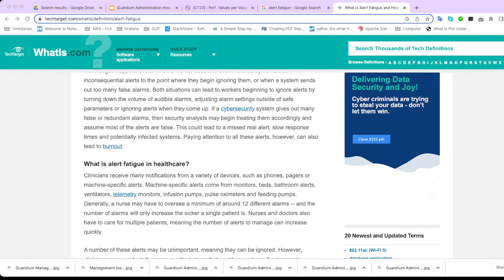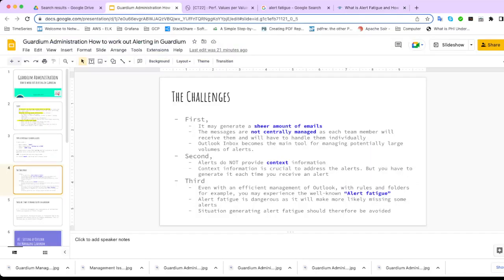So it's really a very serious problem, and it has to be taken into account. Therefore, situations generating alert fatigue should really be avoided, right? So don't set up an alert for everything. You're going to be swamped with alerts, and you're going to miss the important one.